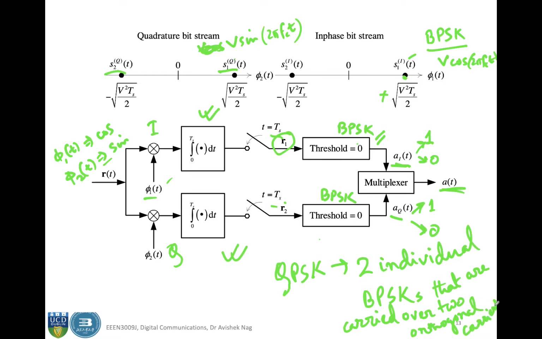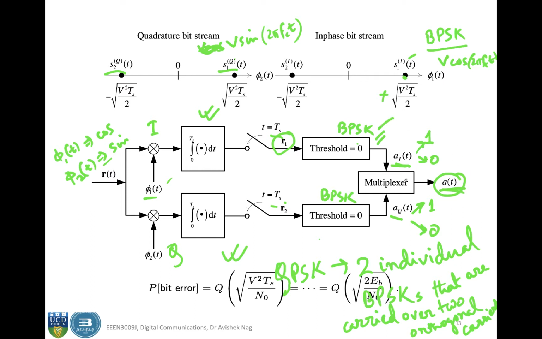Okay, and if you want to calculate the probability of bit error because of the QPSK, then basically any bit that is a part of this final signal AT can be in error because of either an error in this BPSK or an error in this BPSK.